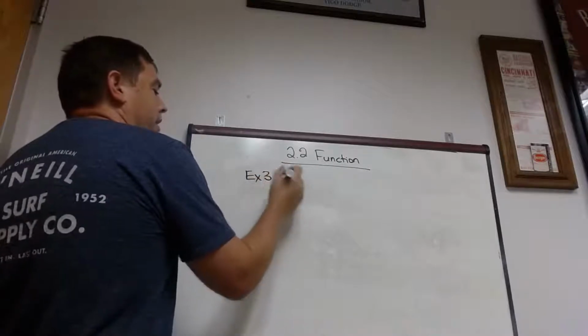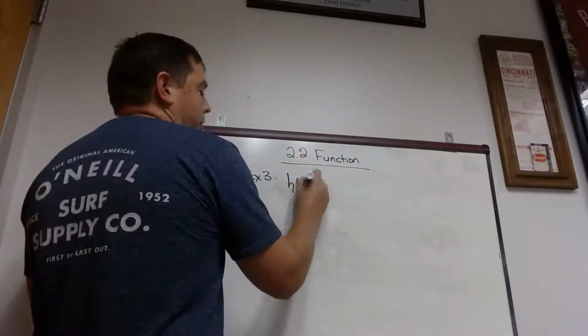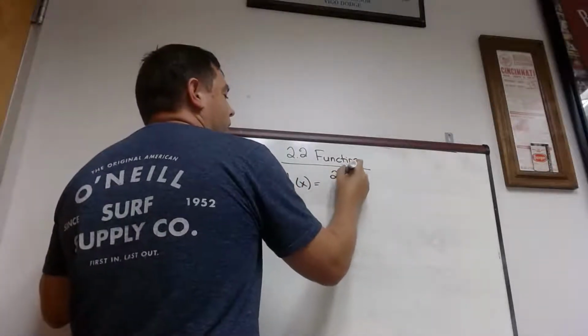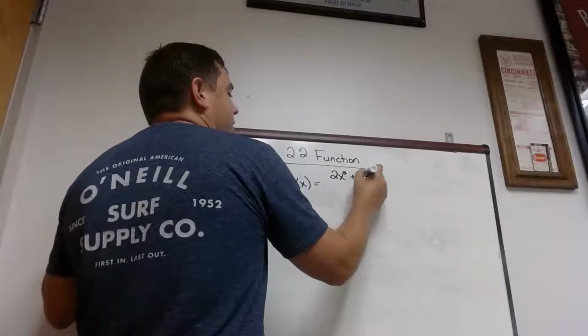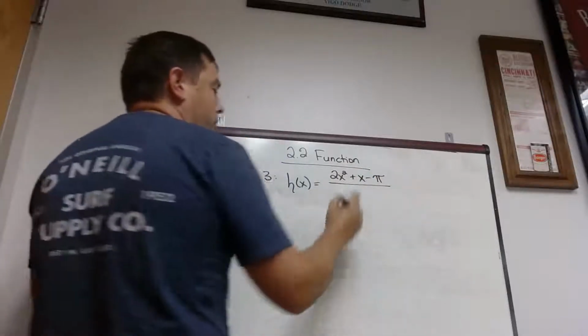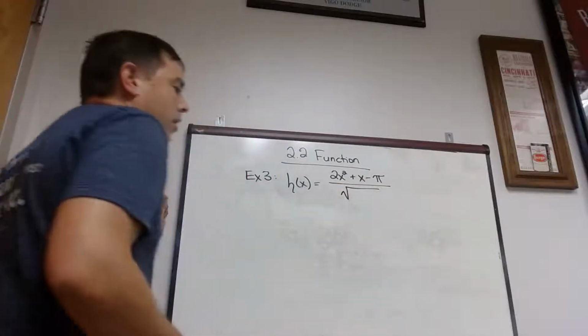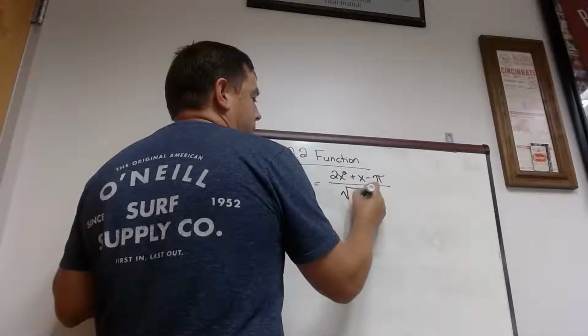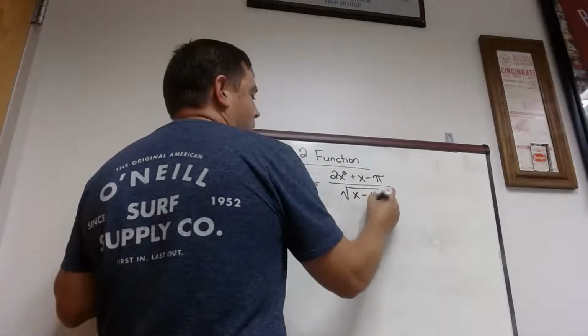Example 3 will be h of x, the function h, and what it's going to do is 2x squared plus x minus pi all over the square root of x minus 1.